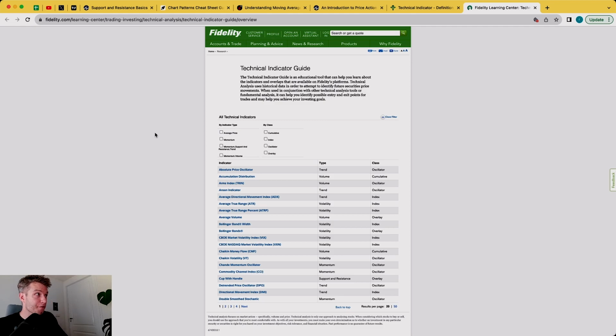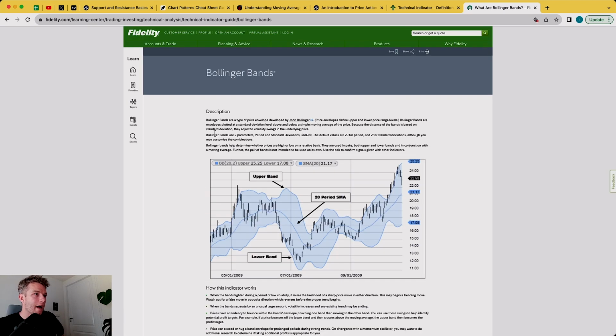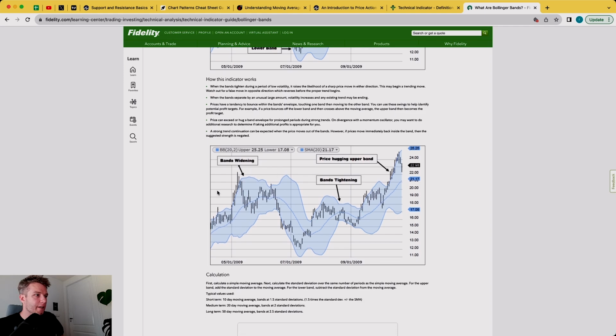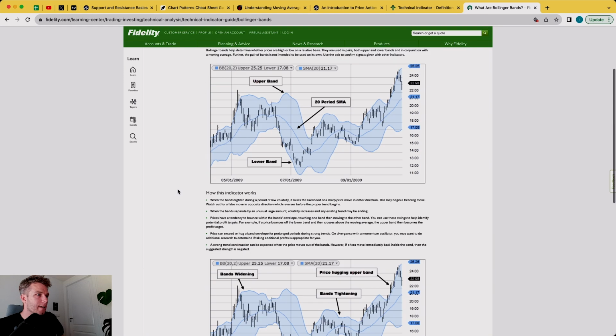Speaking of indicators, Fidelity, huge firm. Huge asset managers, one of the big top three, I think, not entirely sure. But they have this indicator library. And if you click on Bollinger Bands, for example, one of the basic ones that you find, it explains what it is. It's a great library, and it can give you some idea for strategies, right?